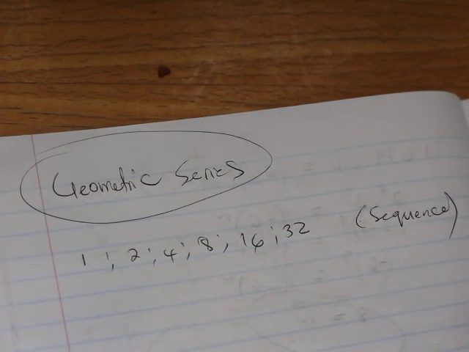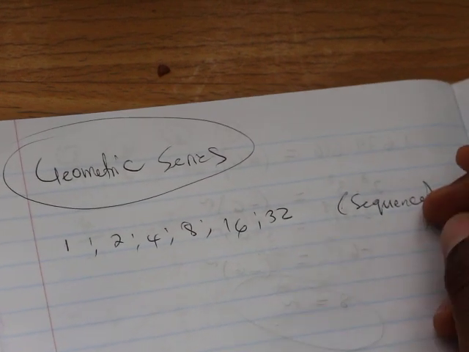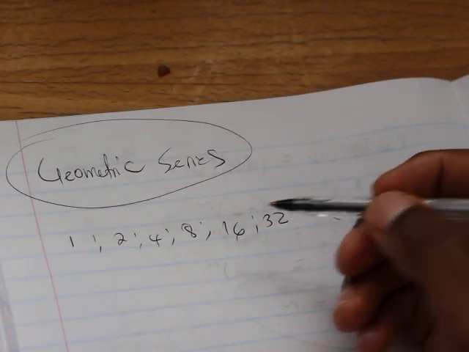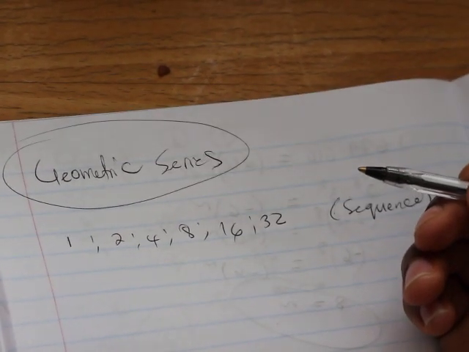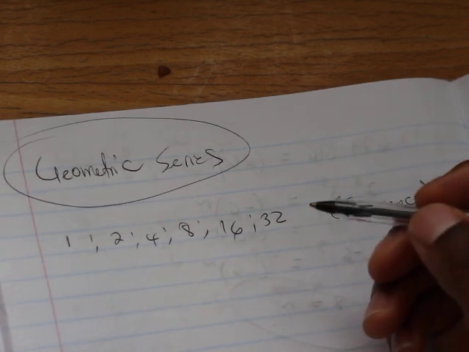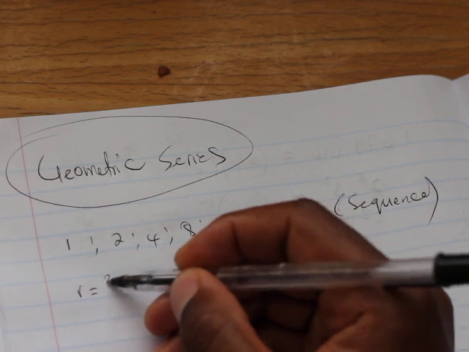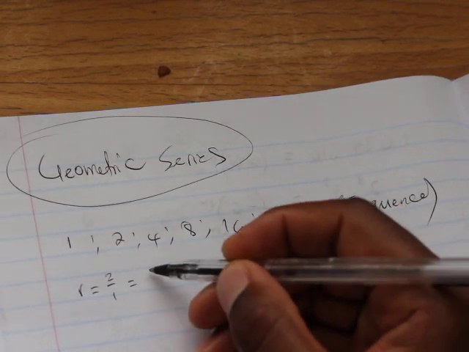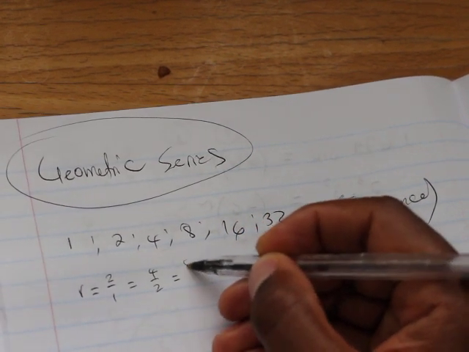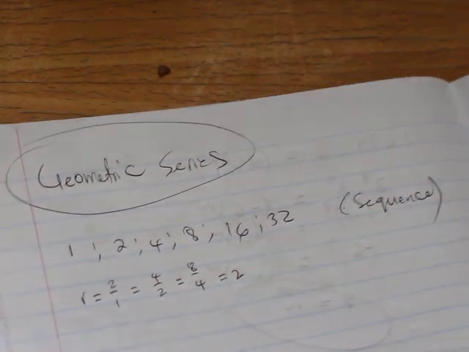To find the general term, we check: is this geometric, is this arithmetic, or is it quadratic? It's geometric, because the constant ratio r is 2 over 1, 4 over 2, 8 over 4, so r is 2.